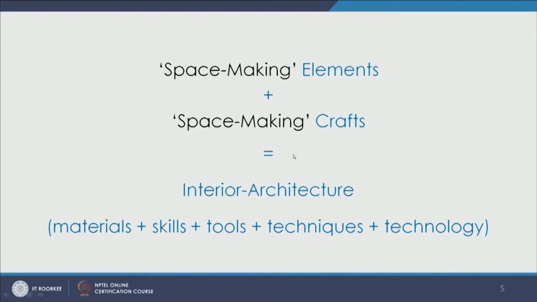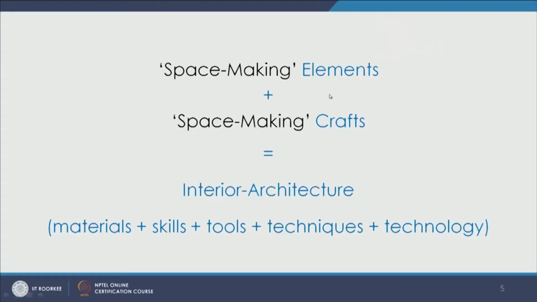If I want to simply put it in a sort of an equation, I would like to put it as space making elements plus space making crafts is equal to interior architecture. What we see common in both of these terms is space making. Space making is of very crucial role in this equation.